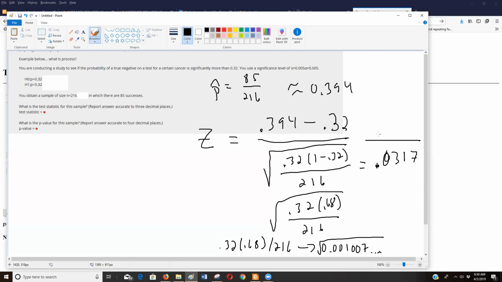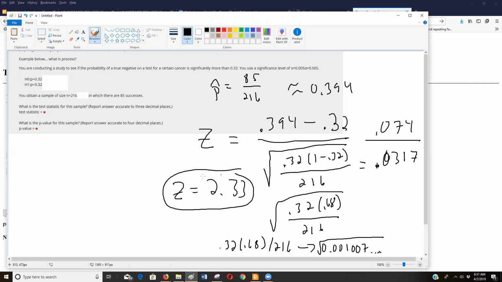Now I'm going to subtract these two, and that becomes 0.074. So I'm going to do 0.074 divided by my last answer, that 0.0317 number. So I'm getting a z-score, a test statistic, of 2.33.